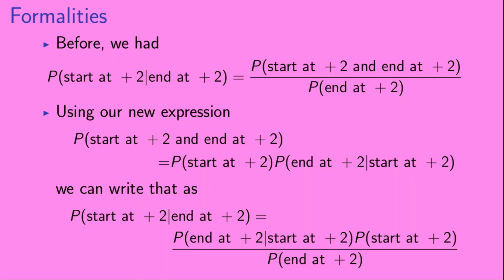Using our new expression, which is that the probability to start at +2 and end at +2 equals the probability to start at +2 times the probability to end at +2, given that it started at +2, we can write P of start at +2, given that it ended at +2, is equal to the probability that it would end at +2, given that it started at +2, times the probability to start at +2 divided by the probability to end at +2.